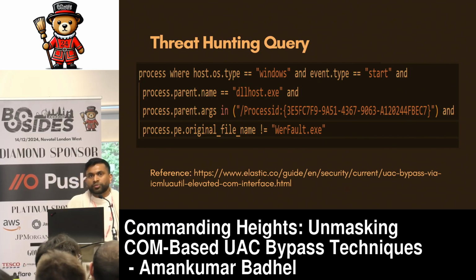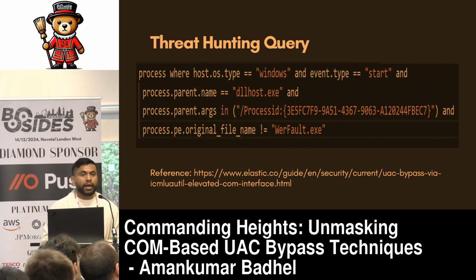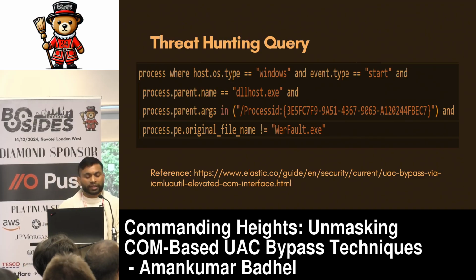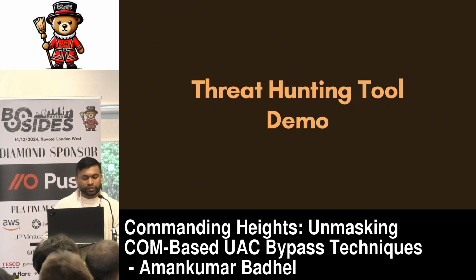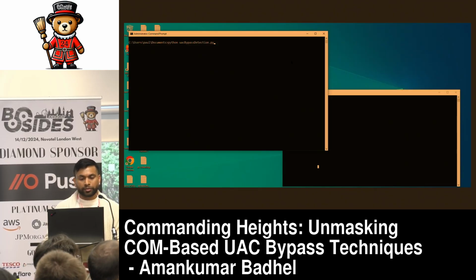In simpler terms, my detection logic would monitor for any child process created with dllhost.exe as the parent process, where the command line has a COM object CLSID as a reference, while excluding some generic system noise. Let's look at this logic in our detection tool.